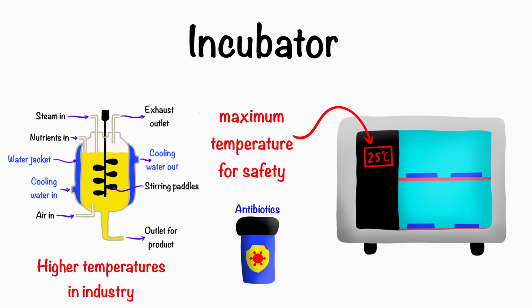One of the most important applications of bacterial culturing is testing the effectiveness of antibiotics. This helps scientists discover new antibiotics and determine which ones work best against specific bacterial strains. Here's how this investigation typically works.